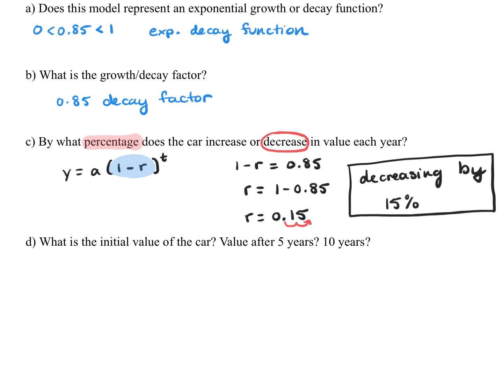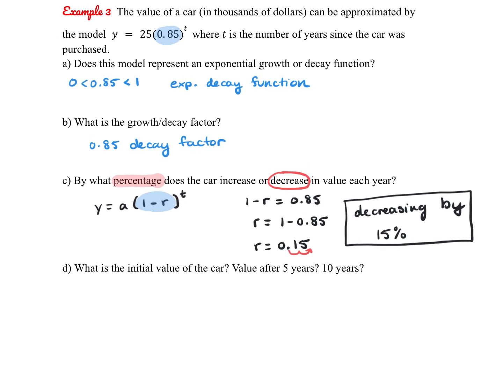And then it's asking, what is the initial value of the car? So initial value would be when t equals 0. So let's substitute t equals 0. y equals 25 times 0.85 to the power of 0. Well, anything to the power of 0 is 1. And remember, only 0.85 is being raised to this exponent. So it just ends up being 25.